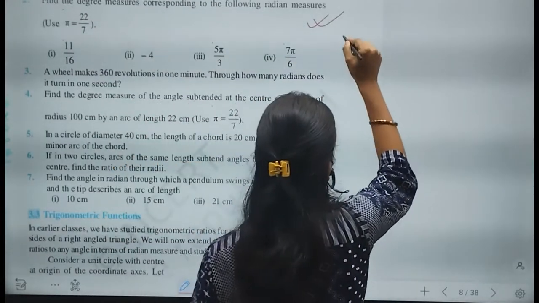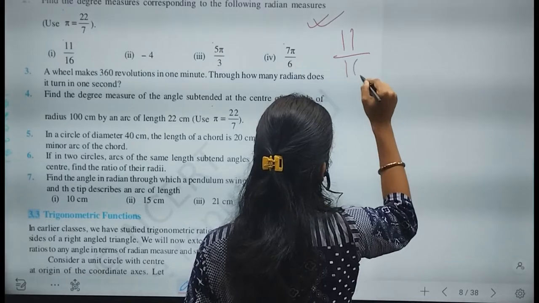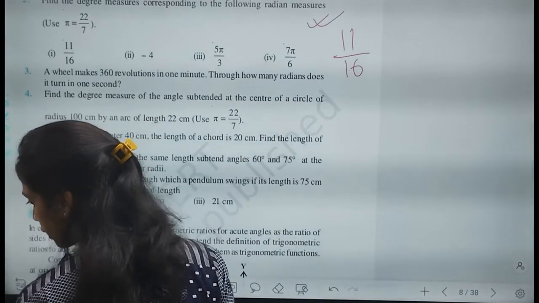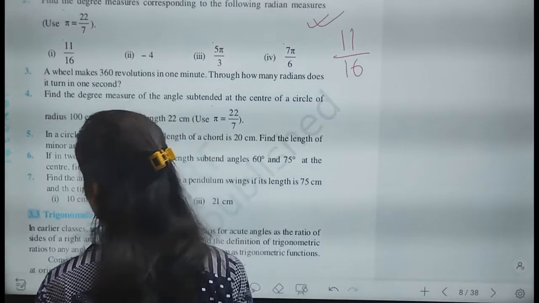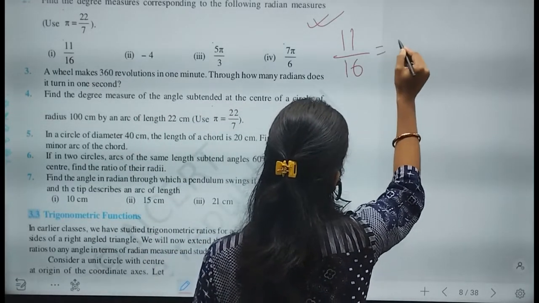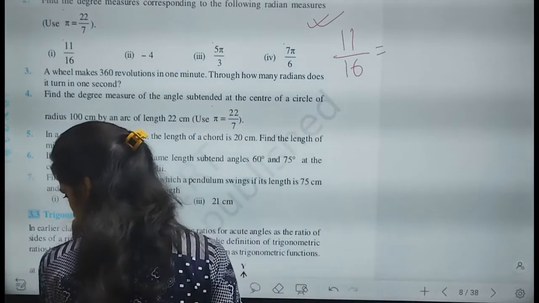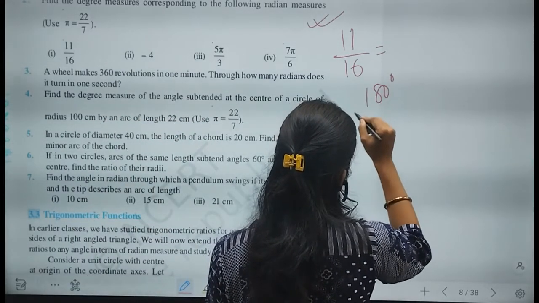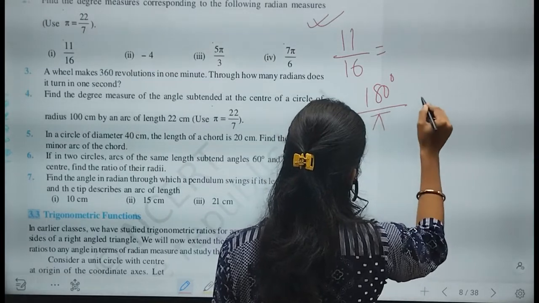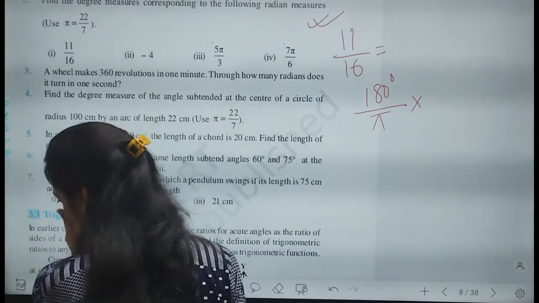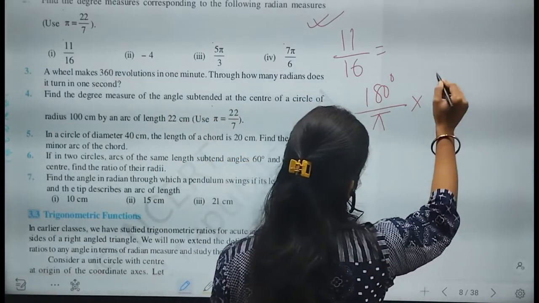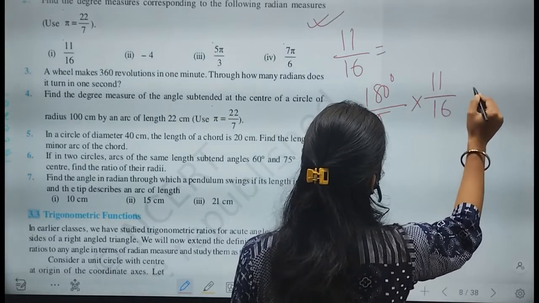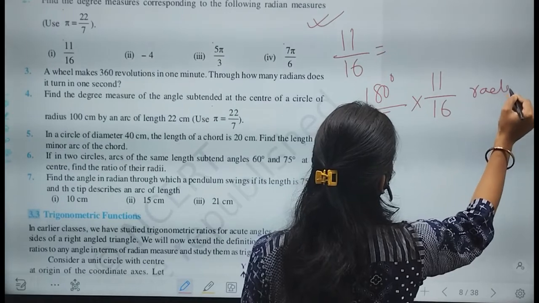The radian here is 11 by 6. So 11 by 6 means 180 degree by pi into 11 by 6 radian.